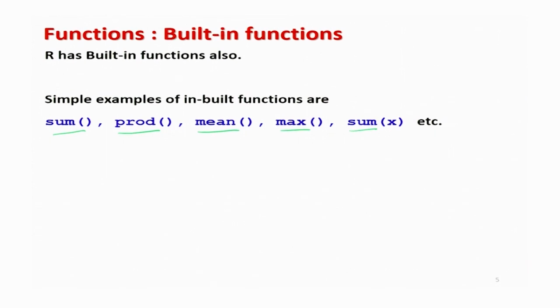Somebody had written the program for the sum, and it has been given the name sum. Someone has written the function for finding the product, and it has been given the name prod, and so on. So, these functions are built in, which are available inside the R software, or you can create them yourself also.